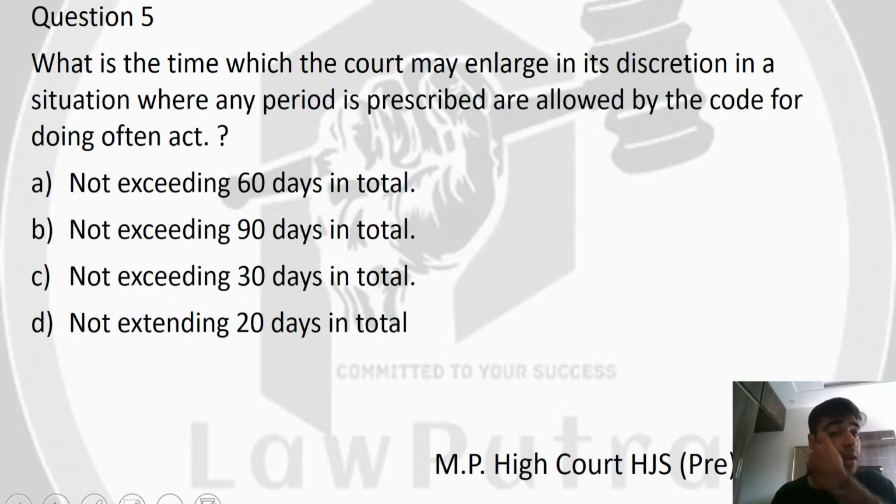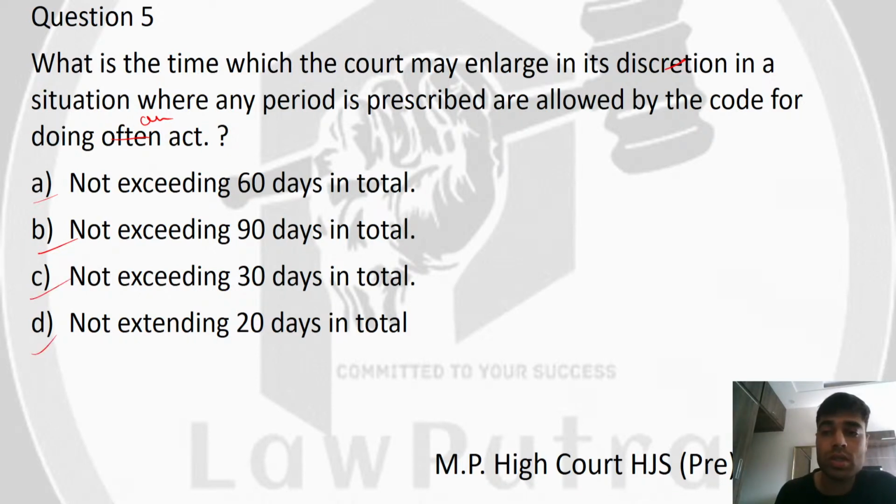Next question. What is the time which the court may enlarge in its discretion, where a period is prescribed or allowed by the court for doing an act: not exceeding 60 days in total, not exceeding 90 days in total, not exceeding 30 days in total, not exceeding 20 days in total?